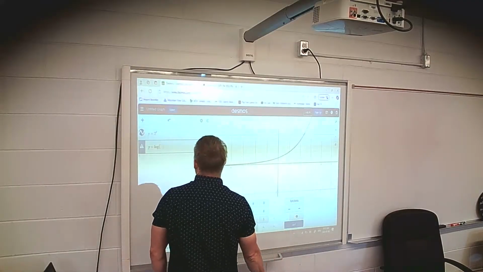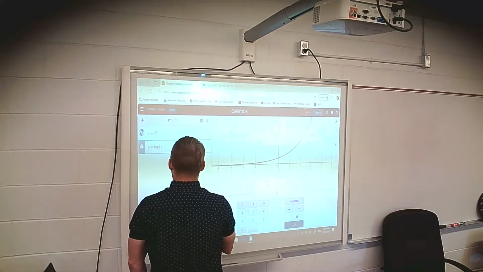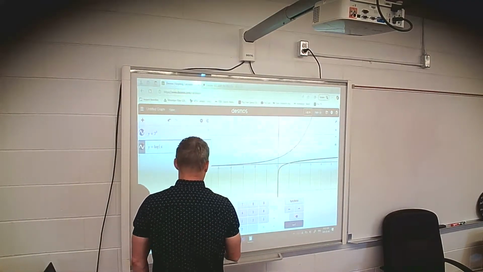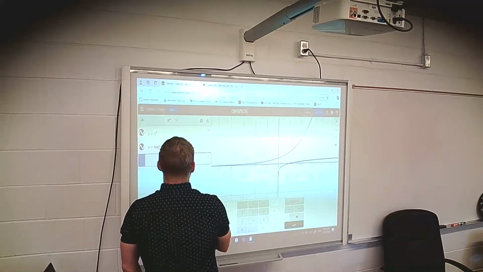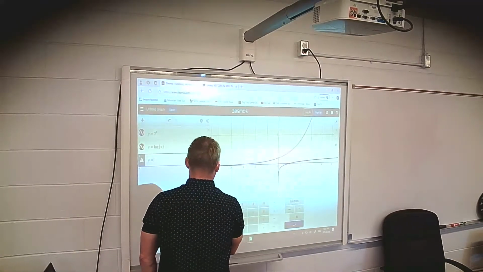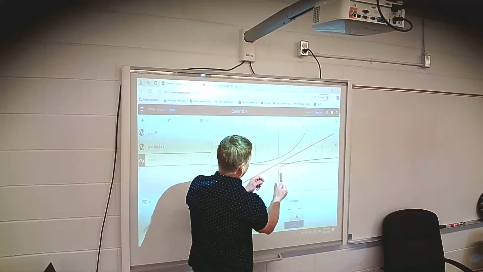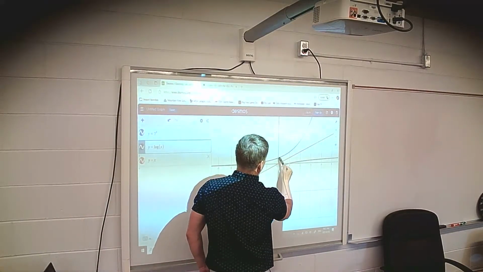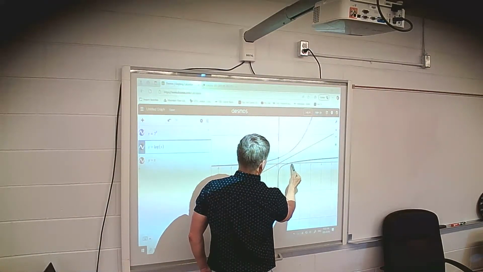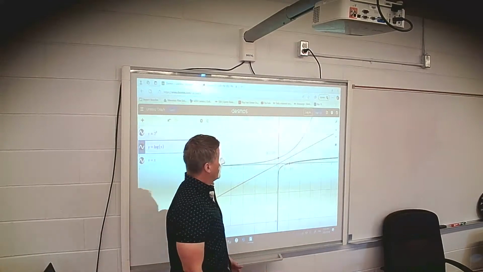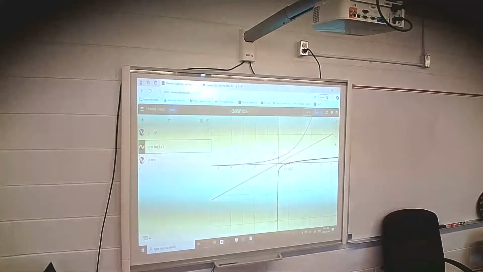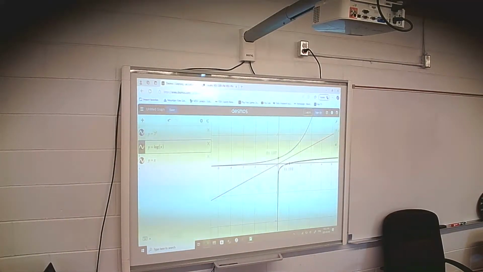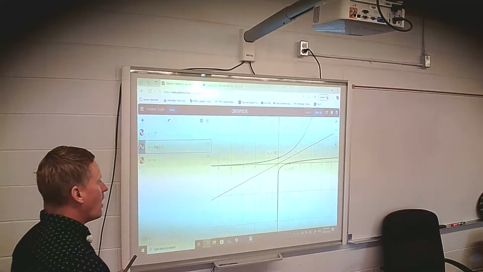Thank you. So there's log x. There it is there. And then if I graph y equals x, you can see that these two graphs right here are inverses of each other. They reflect over top of that y equals x line. Okay? Now we know all of this.